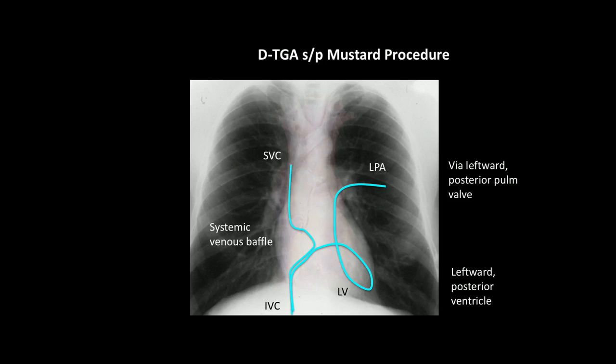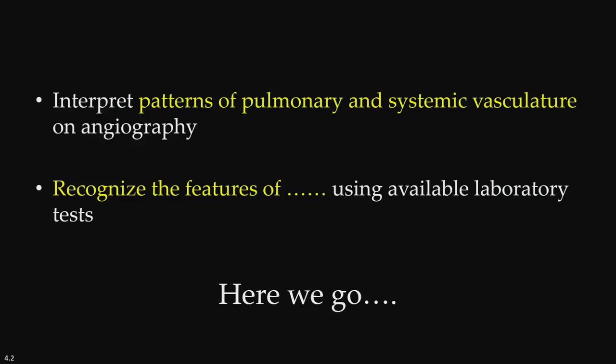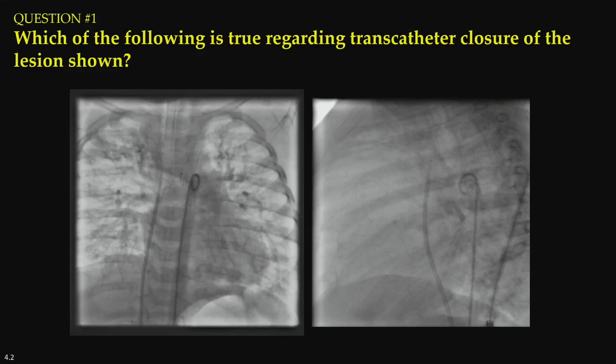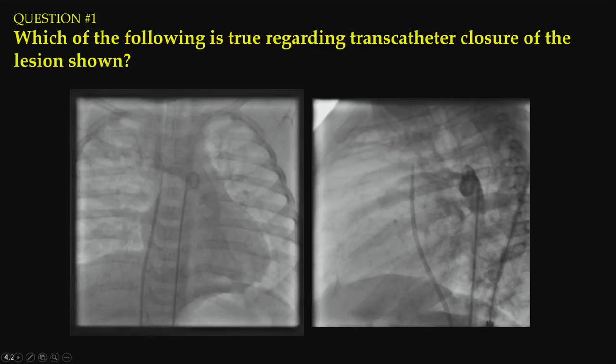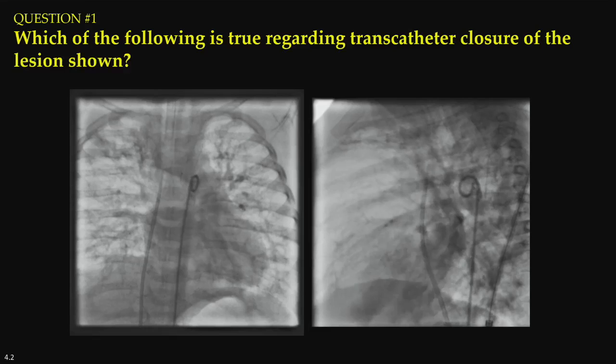Yeah. Okay. So now we're going to go to ARS. So grab your thing, and we're going to just show you some questions with angiograms. Okay. So which of the following is true regarding transcatheter closure of the lesion shown?